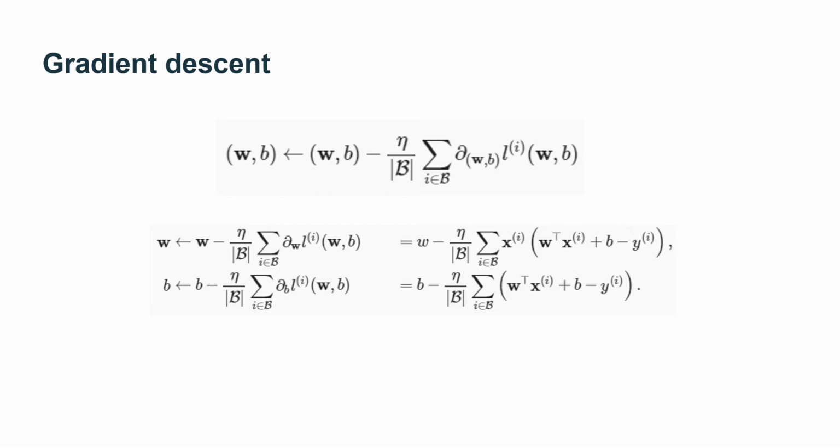In the above equation, |B| represents the number of examples, the batch size, in each mini batch.